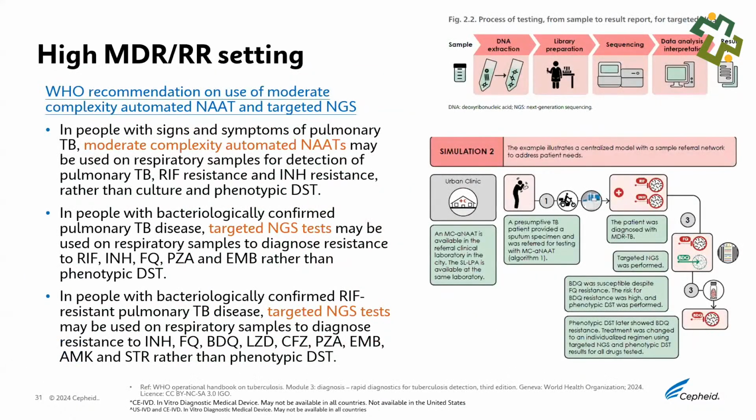So in a high MDR setting, of course, WHO recommends the moderate complexity nucleic acid amplification test and targeted next generation sequencing for diagnosing TB and drug resistance. This enables centralized labs to guide individual treatment, especially in MDR high burden settings.